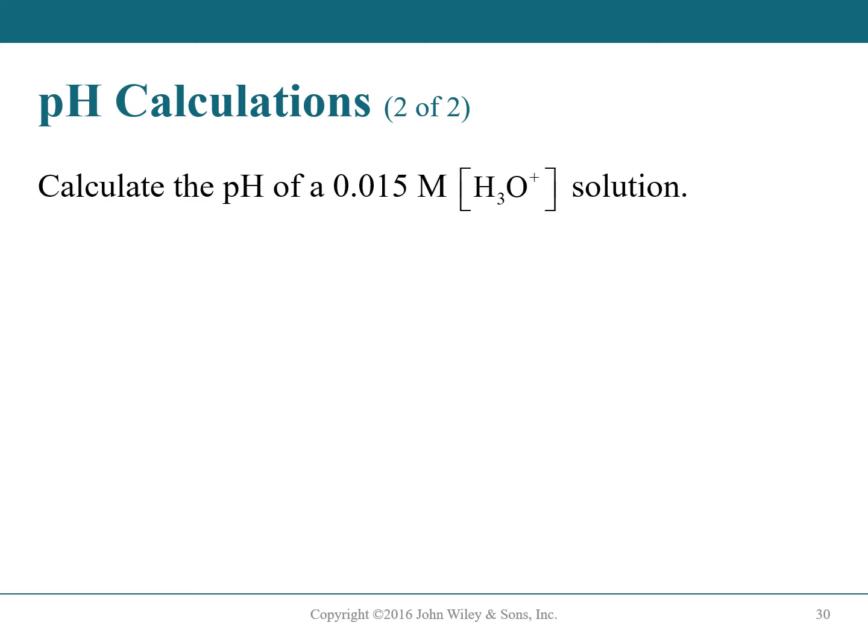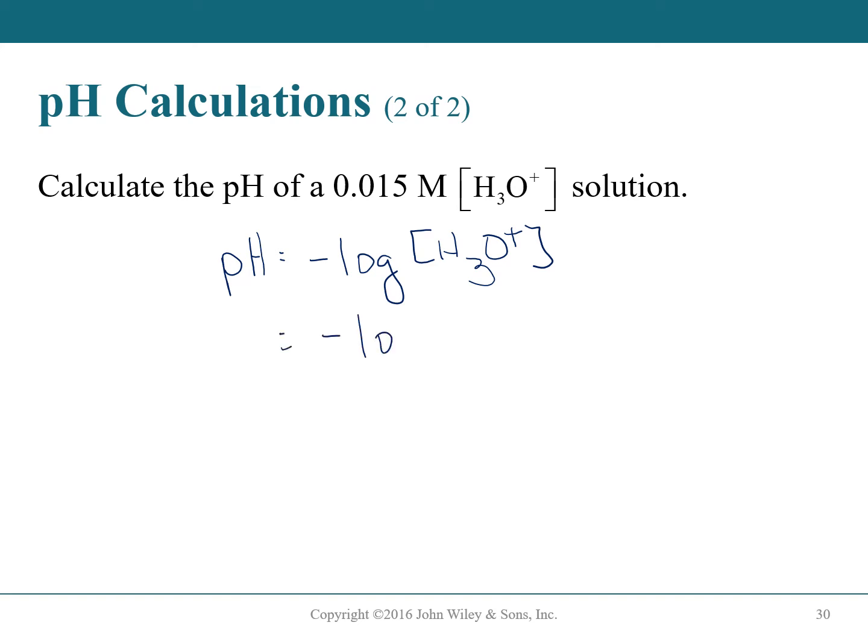Okay, so when we calculate the pH of a 0.015 molar solution, we know pH is equal to minus log of my hydronium ion concentration.